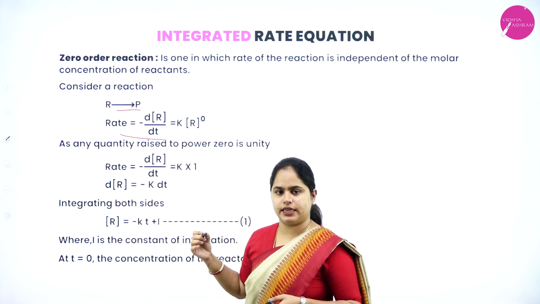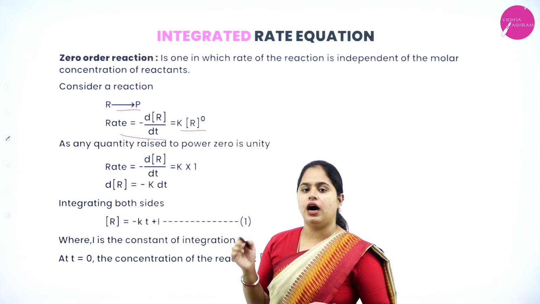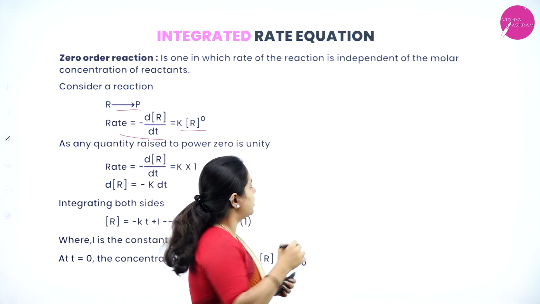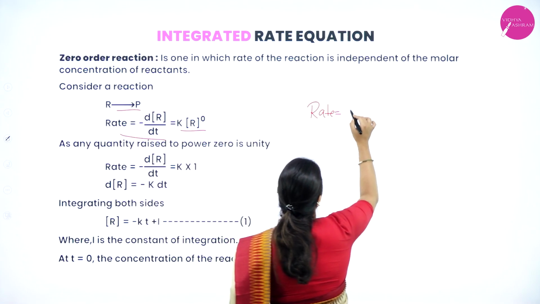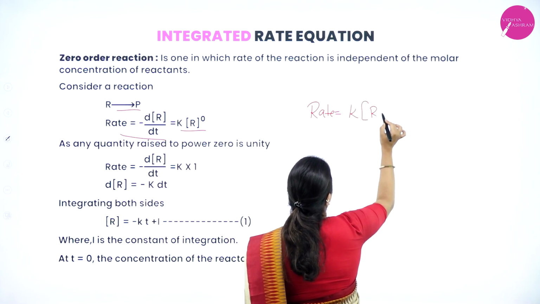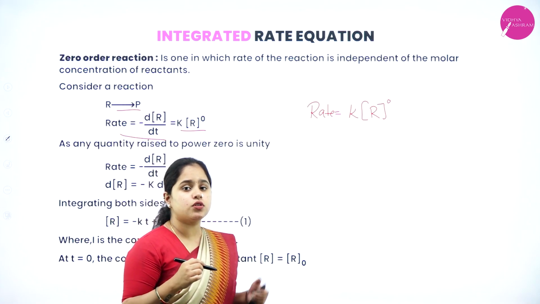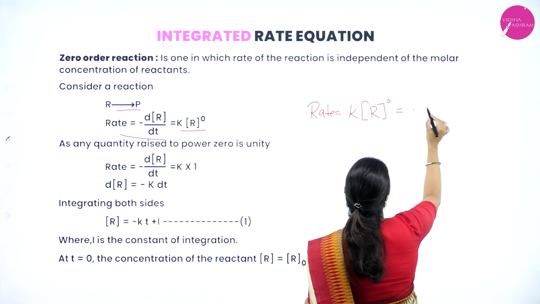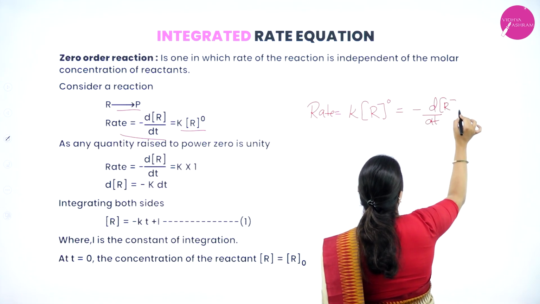Minus d by dt of R, R being the reactant here, is equal to K into R raised to the power 0, which is a zero order reaction. For a zero order reaction, we studied that rate is equal to K into R to the power 0, and also that rate is equal to minus d by dt of R. Why this minus sign?